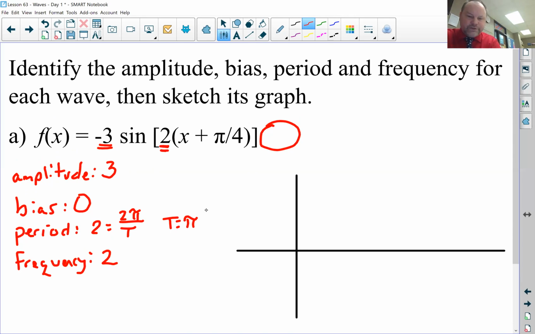All right. So I'm going to label this graph a little bit.